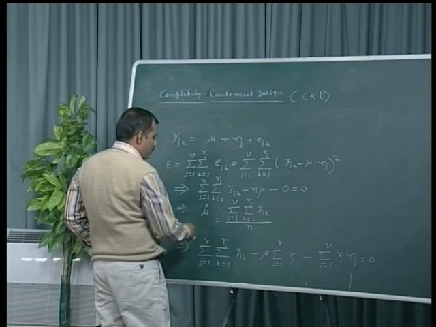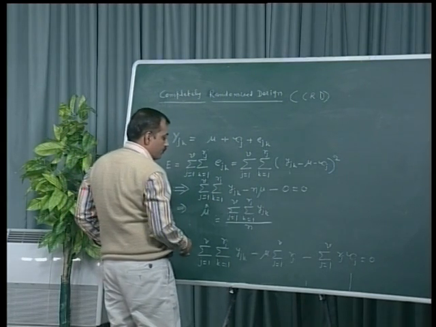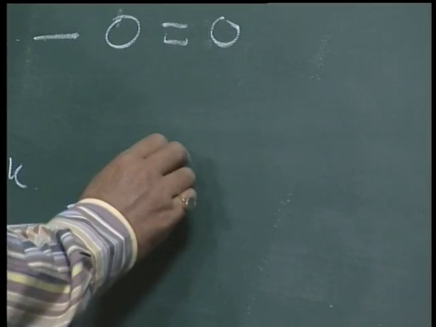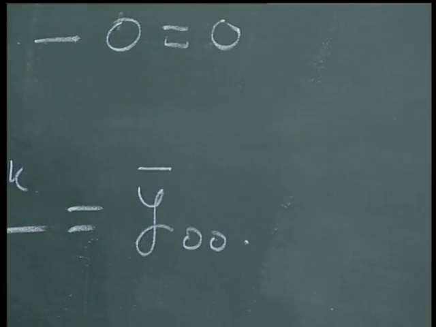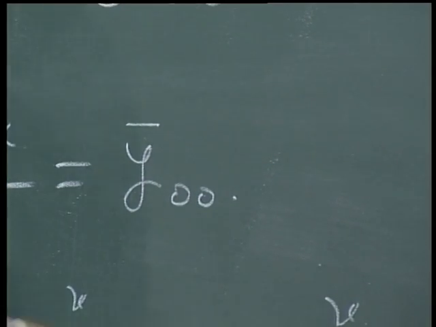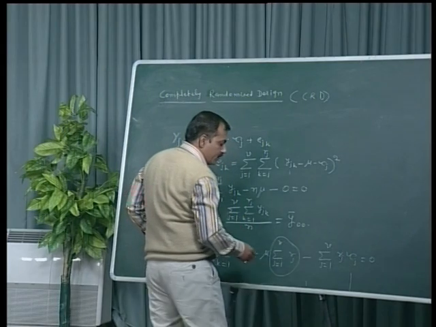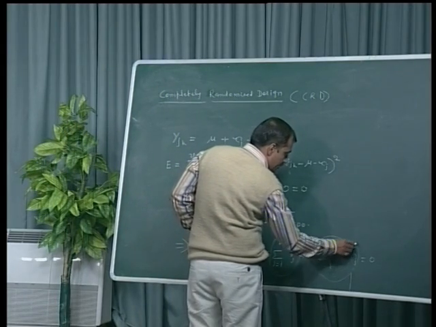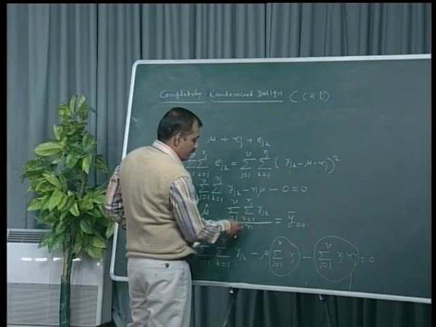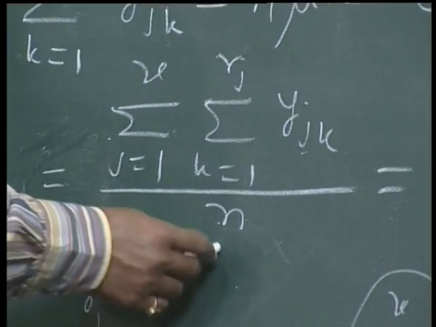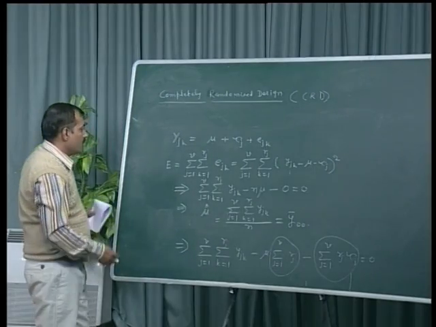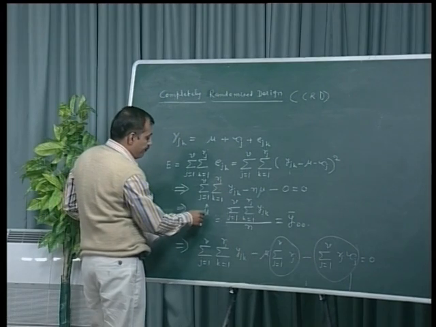This is the estimated mu, and for notation we call it y dot dot, also written as y bar dot dot.